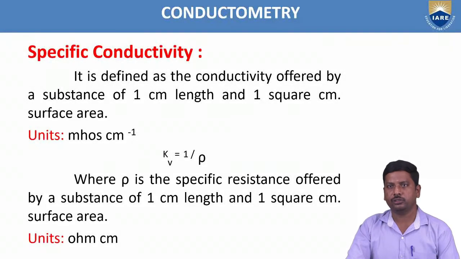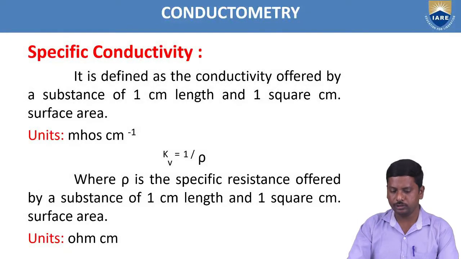There are many conductivities among our physical parameters, but out of all of them we measure only specific conductivity. What are the possible conductivities?